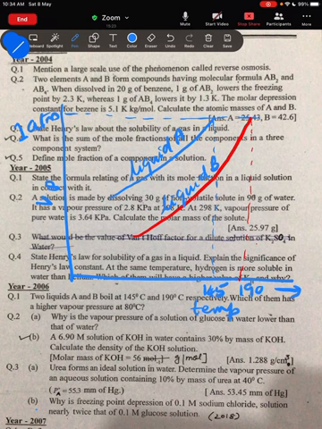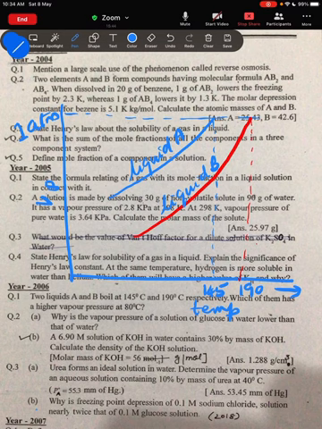Why did A boil at 145 degrees Celsius? Because its vapor pressure is higher. Vapor pressure is higher means boiling point is lower. So liquid A's vapor pressure was always higher. Liquid A boils at 145 means its vapor pressure is always higher.